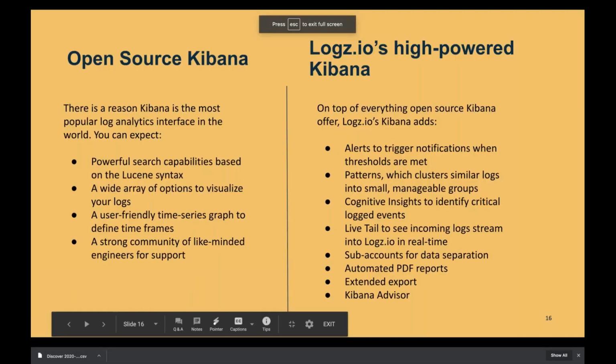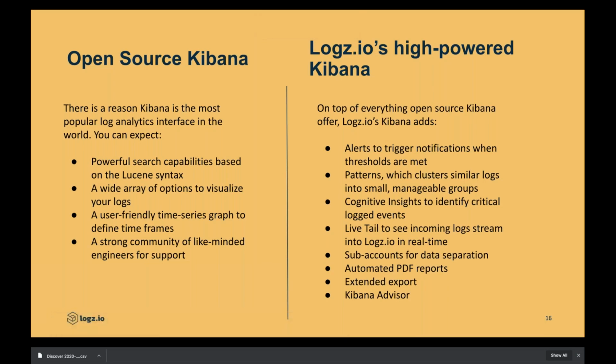I want to summarize this by showing you at a glance the difference between the open source Kibana that you see on the left, which is pretty powerful and allows you to get a lot from your logs, and on the right, you see that there are important additions that allow you to do so much more with your log analysis and be prepared for any incident that might happen on your production systems.